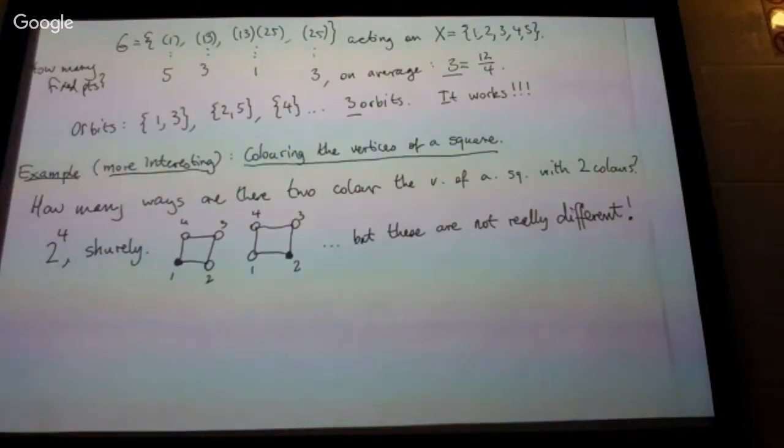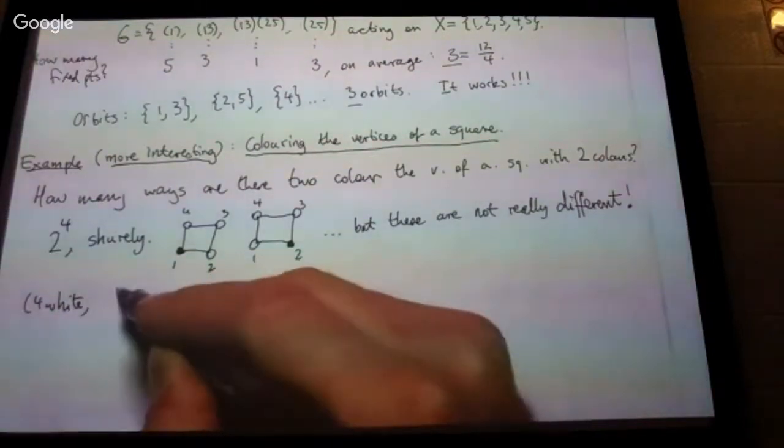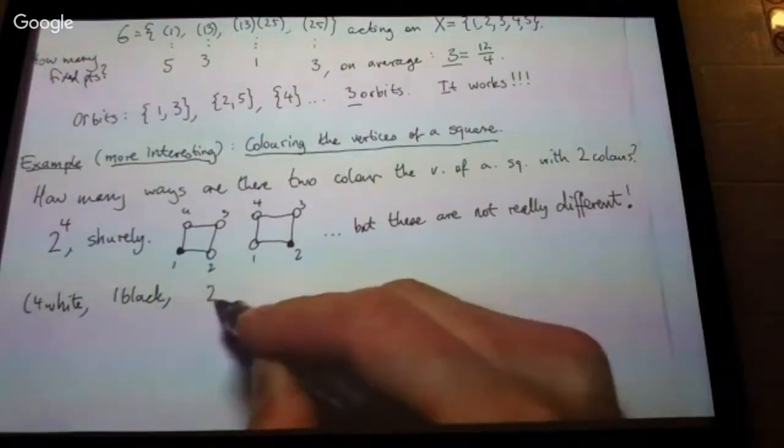Okay, so in fact, what we're after is there are 4 white, there's 1 black, there's 2 black.